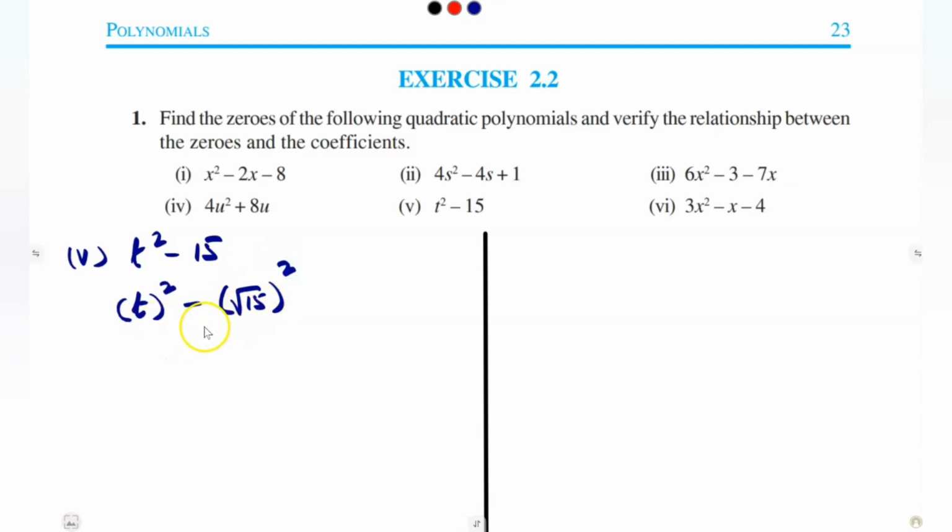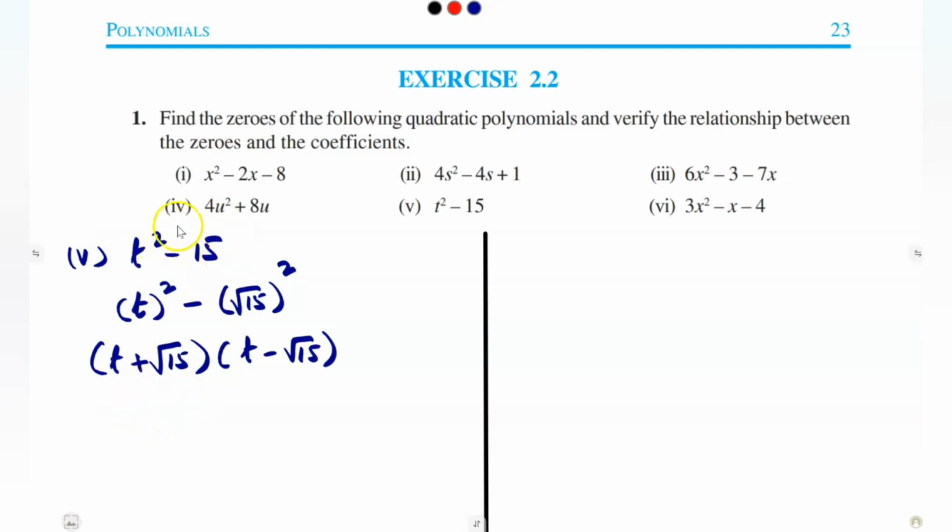So now this is in the form of our third identity, a square minus b square, which is equal to a plus b into a minus b. So I'll write a in the place of t here. So a plus b is t plus root 15 into a minus b, t minus root 15. Okay, these are the two factors of t square minus 15.